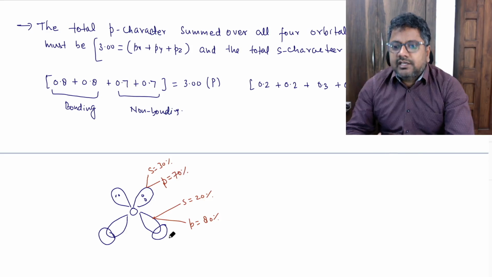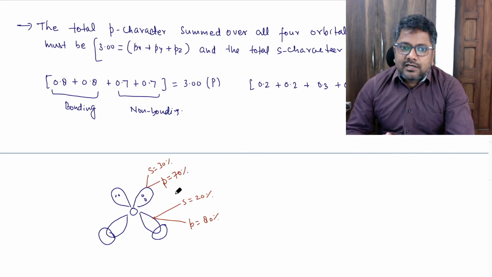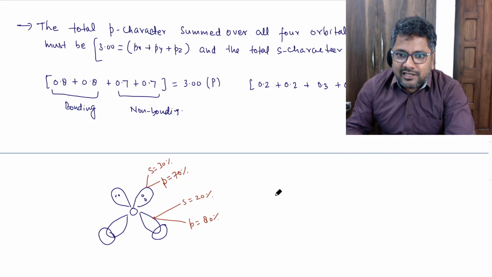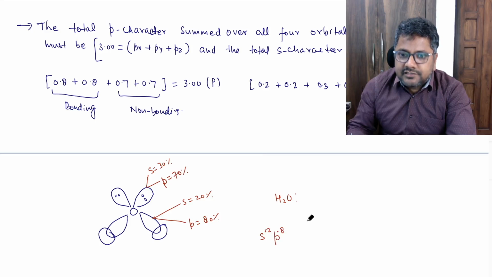sp3, sp3, sp3, right? So how to represent this hybridization? How to say what should be there in the H2O molecule? S 0.2 and P 0.8, right?